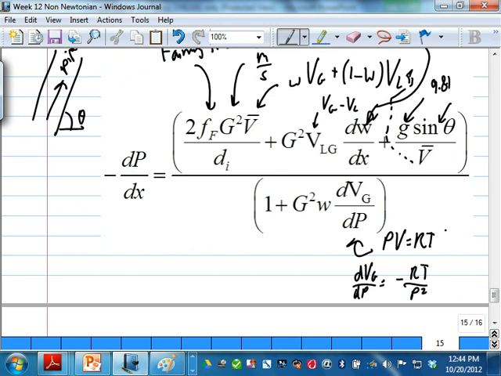Right? Ideal gas. Normally, the liquid one we neglected because the specific volume of liquid is more or less constant. Doesn't change with pressure. Very minor change. Whereas the gas has a major change there.